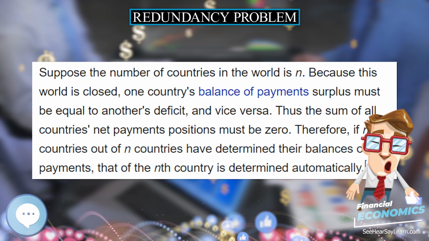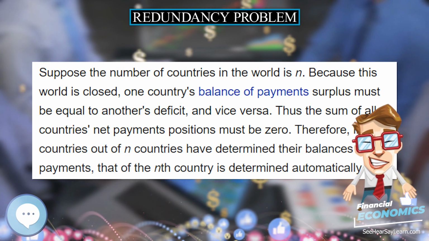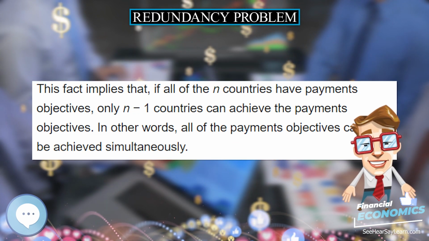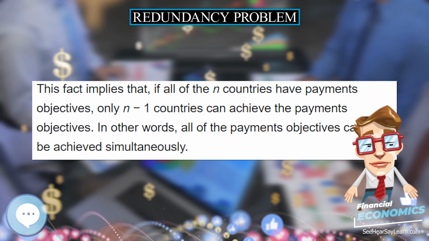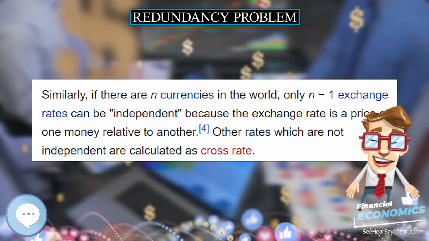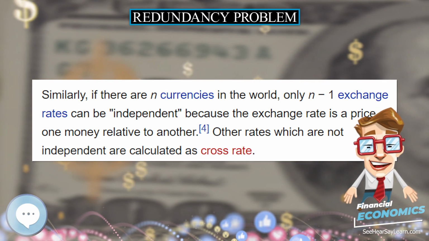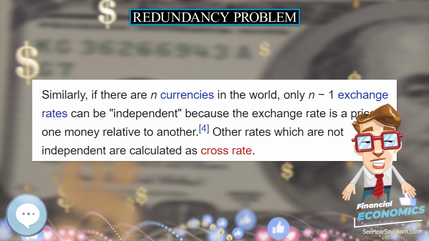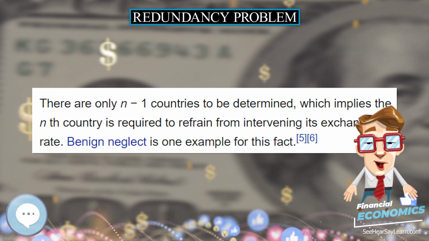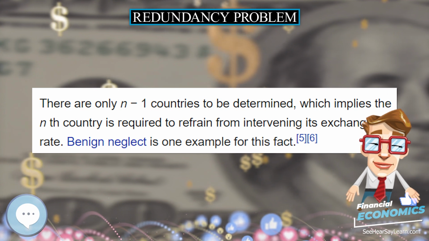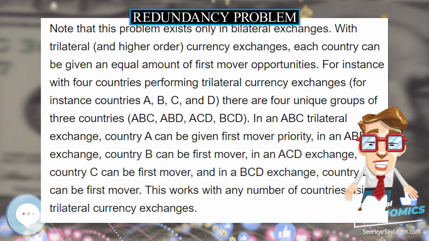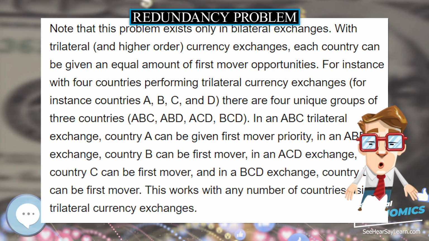In an ABC trilateral exchange, country A can be given first mover priority. In an ABD exchange, country B can be first mover, in an ACD exchange, country C can be first mover, and in a BCD exchange, country D can be first mover. This works with any number of countries using trilateral currency exchanges.